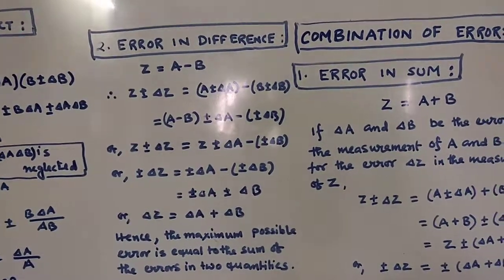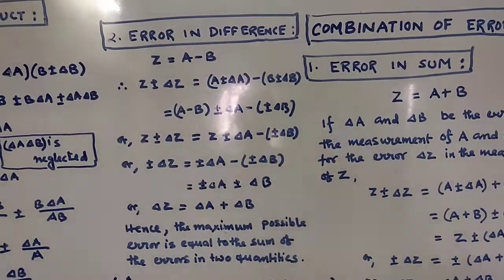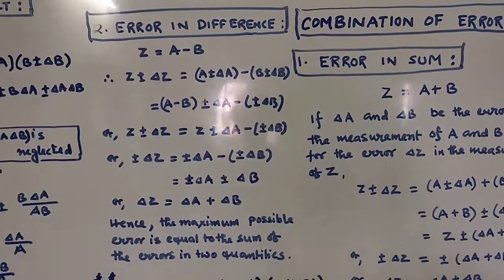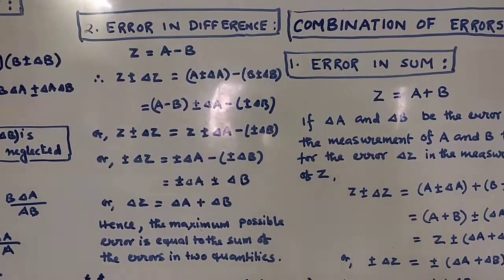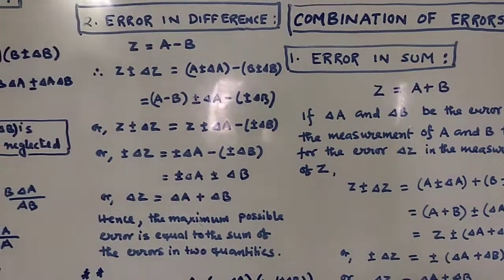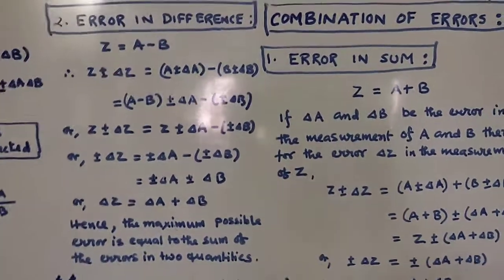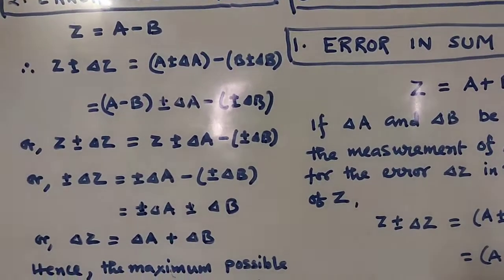So if z equal to a minus b, the formula which you are going to use in an experiment, and delta a and delta b are the errors in measurement of a and b. So for the error delta z in z, you will get z plus minus delta z equal to a plus minus delta a minus b plus minus delta b. So on simplification, a minus b, plus minus delta a and minus plus minus delta b within the bracket.